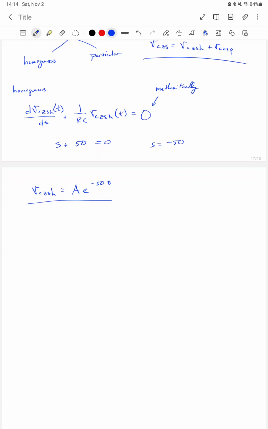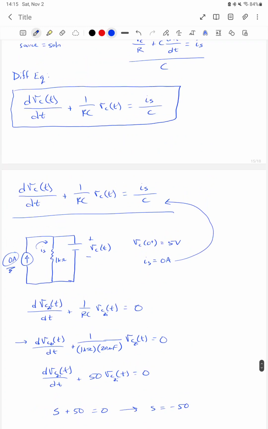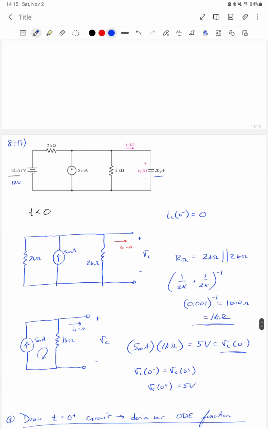So I want to make sure that I do this correctly. Okay. So our VC particular, your guess is that it's going to be a K, right? And this K is derived because of the fact that we don't have any sort of time varying, I don't want to say time varying. But actually, you can technically say that because after you get to 0 plus, right, let's go back to the original circuit.